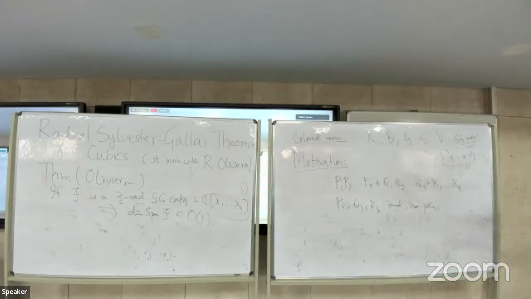I took the product of the Pi's, the product of the Qj's, the product of the Rk's, and added them up. I have a polynomial. My question is, can you check whether this is a 0 polynomial or not? This is the kind of question they consider in polynomial identity testing. If you want to check whether 2 polynomials are the same, you subtract them and check whether the result is identically 0 or not. That's why it's called identity testing. Any question?